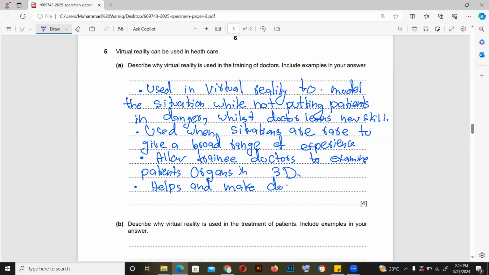Make doctors learn and practice their skills, and practice skills required in surgery.